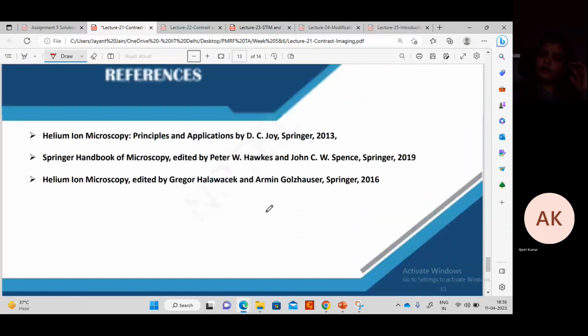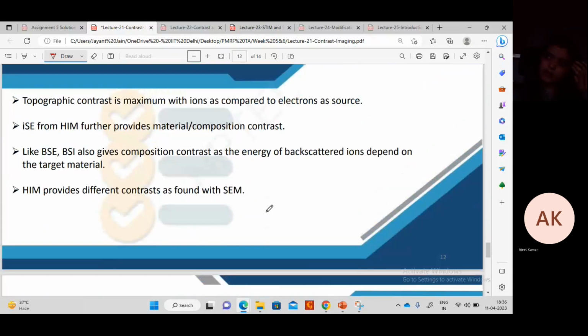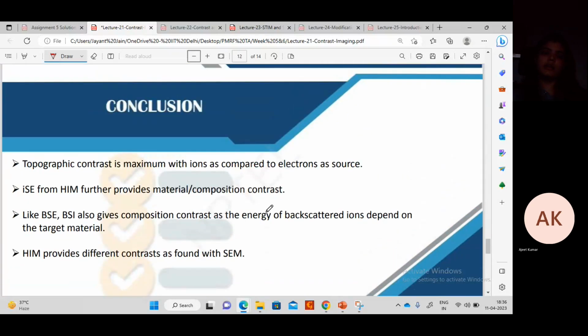Especially if you want to see the BAC image, it's always better to rely on the electron beam compared to the ion beam, because not all ions are the same, and not all electrons are the same.